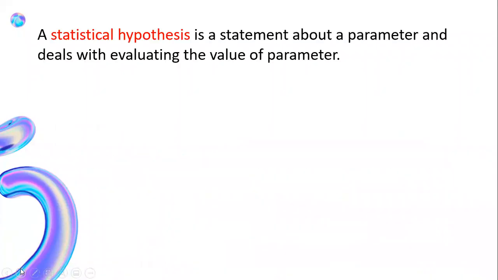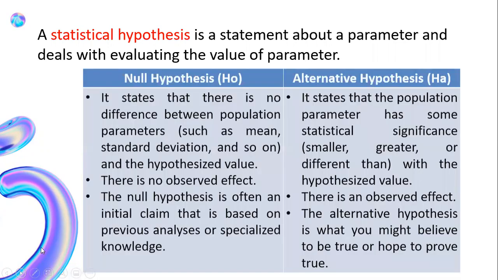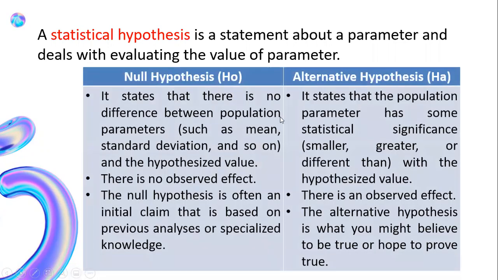And so, to continue with formulating null and alternative hypothesis, let us again recall what a statistical hypothesis is. When we say statistical hypothesis, it is a statement about a parameter and deals with evaluating the value of parameter. Here are the exact differences between null hypothesis and alternative hypothesis.